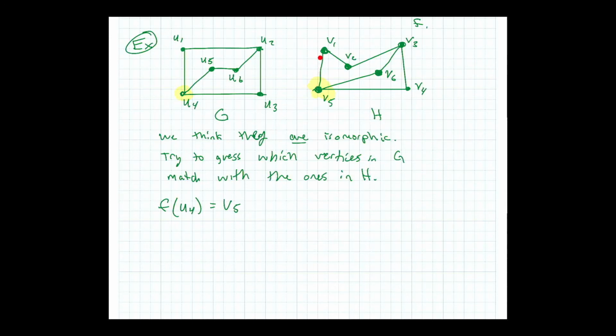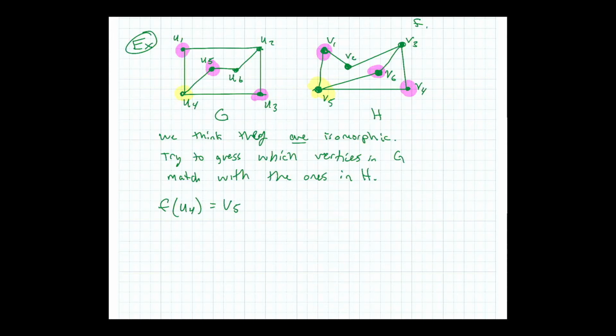Here, it's connected to V1, V6, and V4. So there's 3 choices there. So let me pick a different color here. Pink, pink, pink. Well, those are here, here, and here. But which one's which? And that's where you have to start looking more carefully at the structure of the graph.